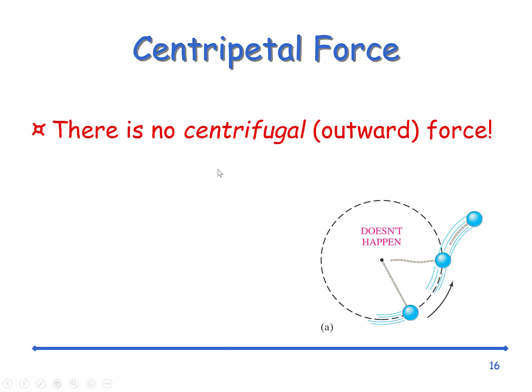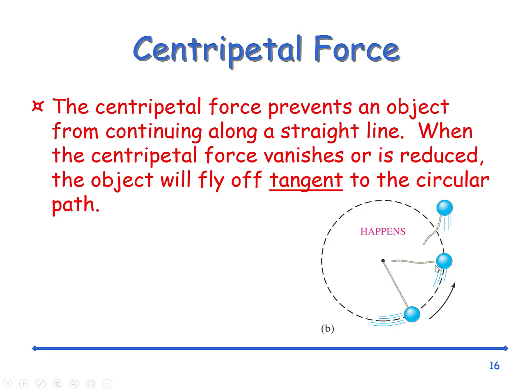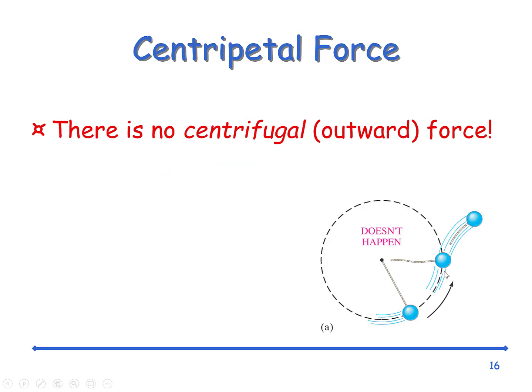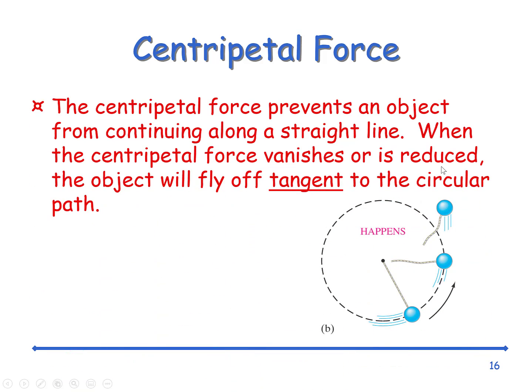But a centrifuge is different than a centrifugal force. Centripetal force is that force that's pulling it along its circular path. There is nothing like this that's going to happen. We already talked about how if the string were to break, it's not going to peel off and curve outward or go directly out, perpendicular to my radius. That's not going to happen. It's going to follow a tangential path in order to continue along its momentum.